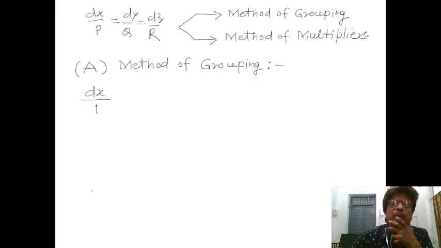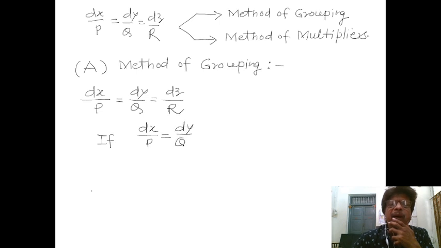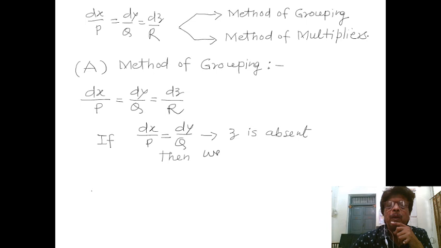If the equations are dx upon P equal to dy upon Q equal to dz upon R, and if there is a situation in the example such that in the pair dx upon capital P equal to dy upon capital Q the third variable z is absent, then we solve these equations.